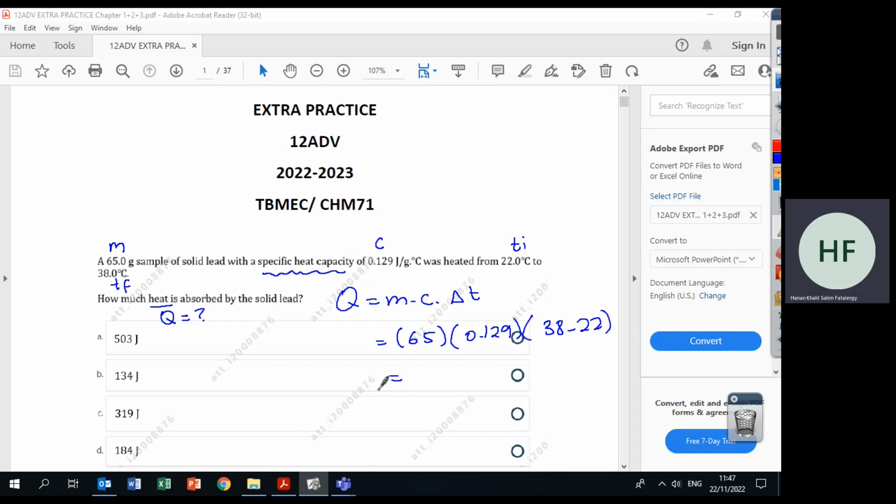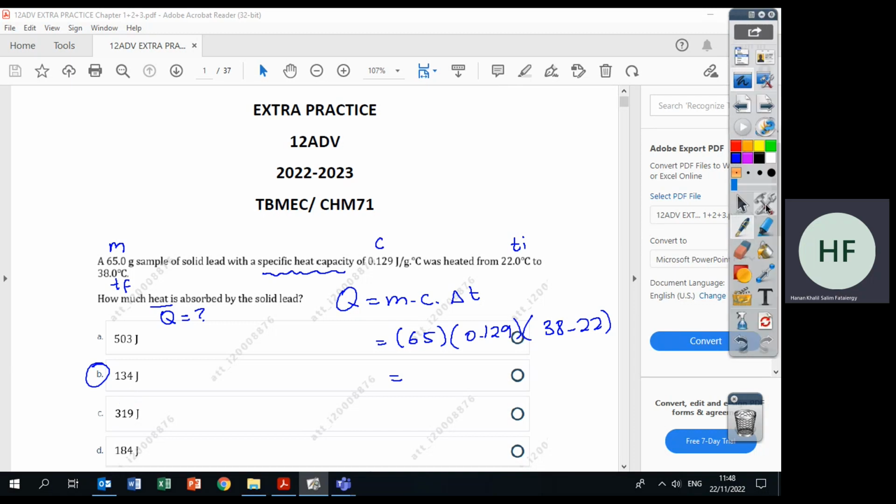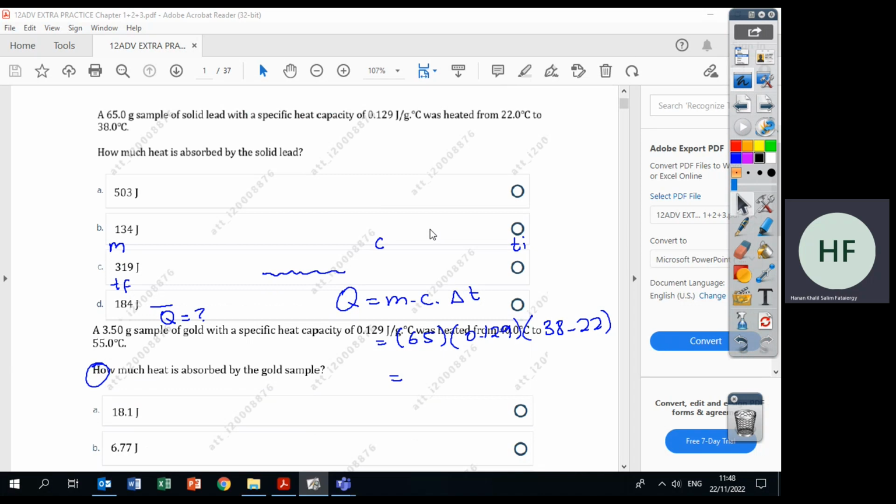Okay, so I think the answer should be 65 times 0.29 times 134. So the answer is B. Okay, now try by yourselves to solve the second question and then check your answers with me.